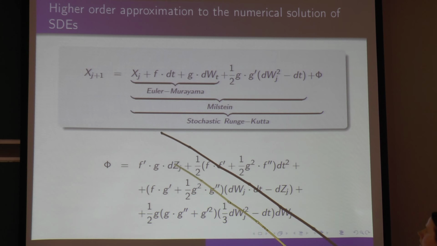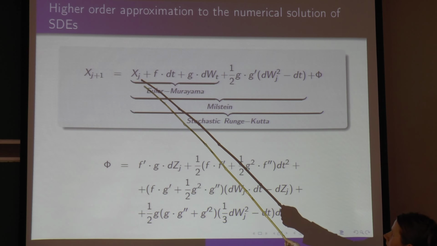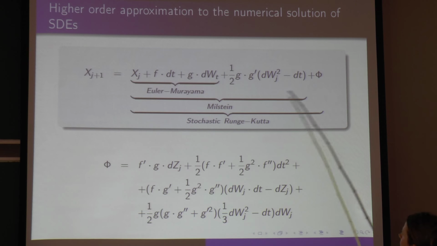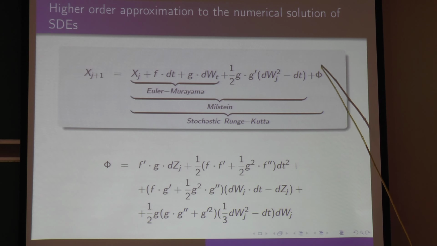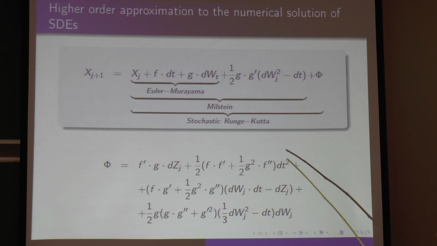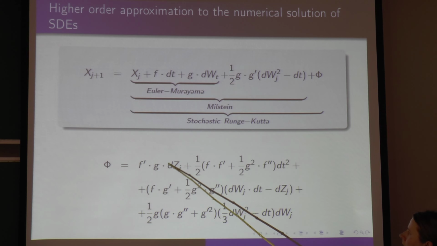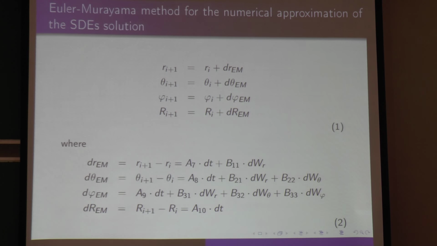Our trajectory we can write in this form, and this parameter phi is quite complicated, and using stochastic Runge-Kutta we must apply a new random variable dz. These are some technical aspects of our calculations.